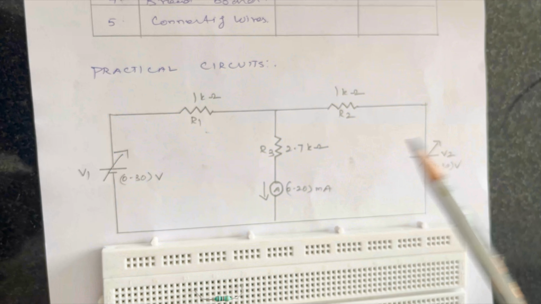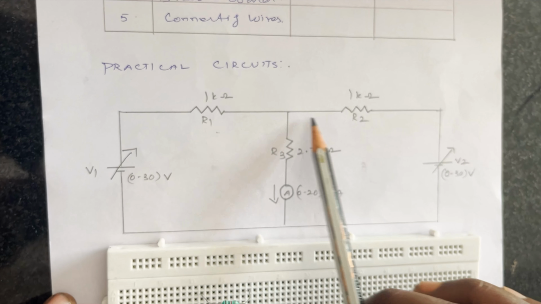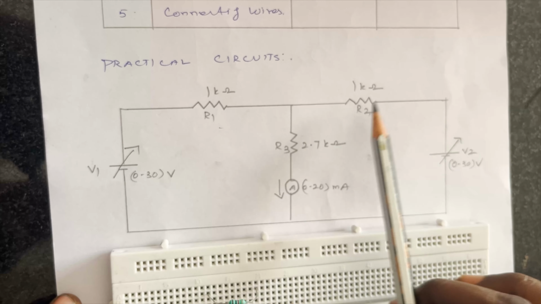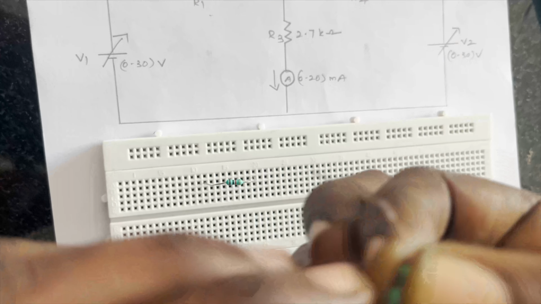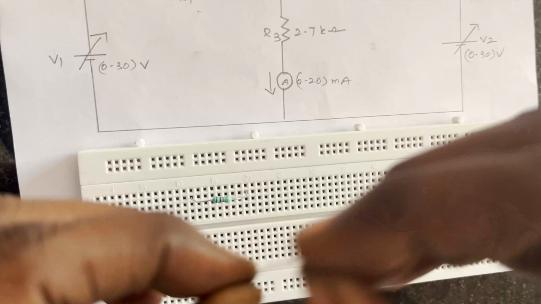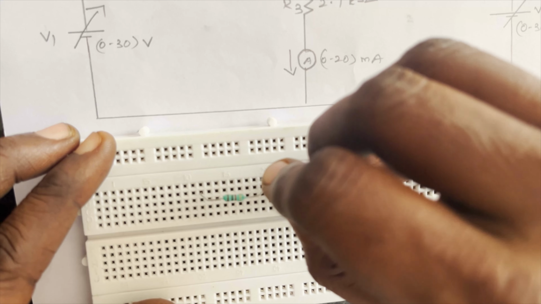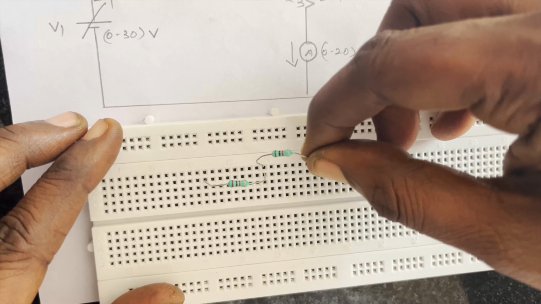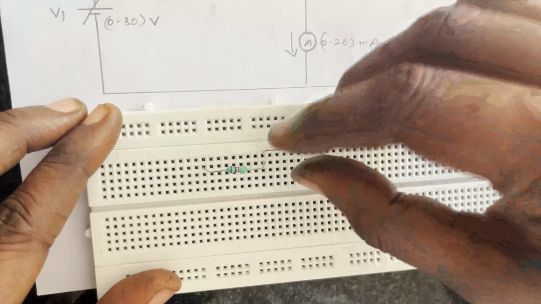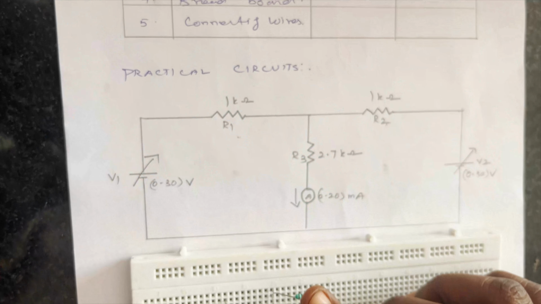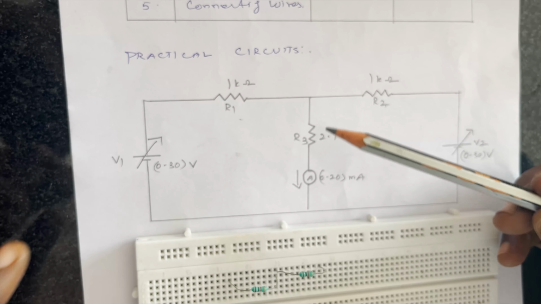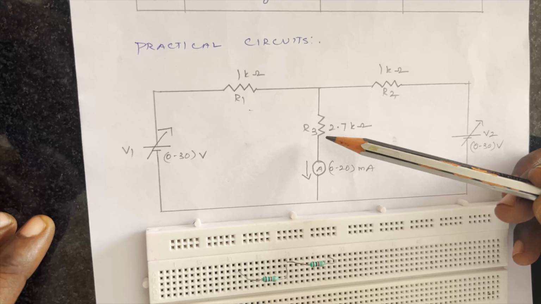Then see the circuit. We have to connect R2. Here also R2 is 1 kilo ohm. I have placed it here. For the connection I have to insert it. Here is R2. Now here is the intersection point of R3.